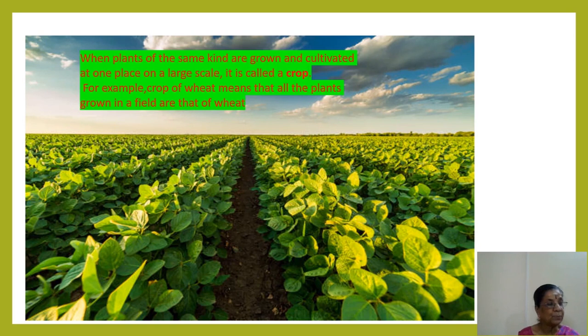Then we come across the term agricultural practices. Earlier we spoke about nomadic people, I am not going to read it now. These nomadic people were first wandering here and there for their food and shelter. They were eating raw vegetables and fruits, and hunting animals for their food.